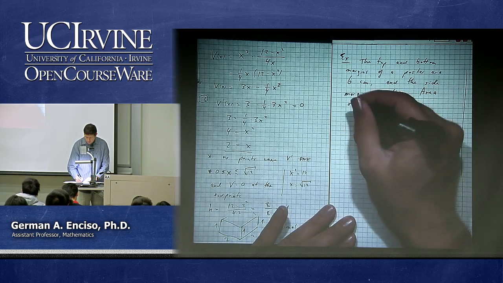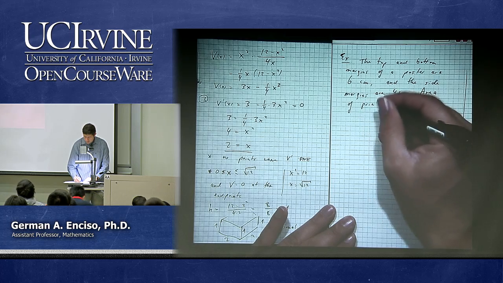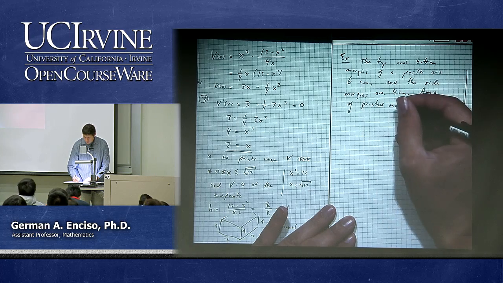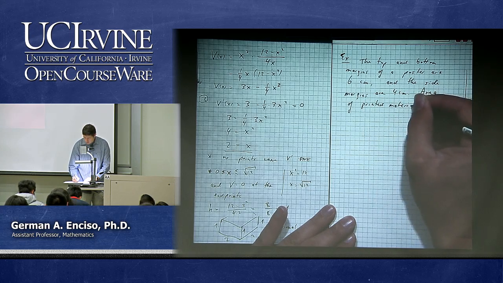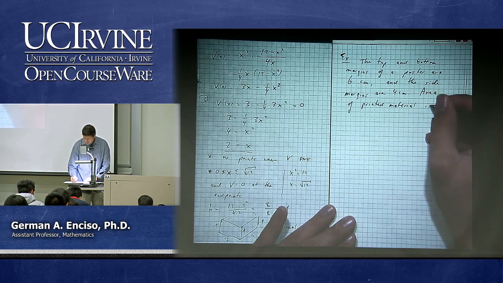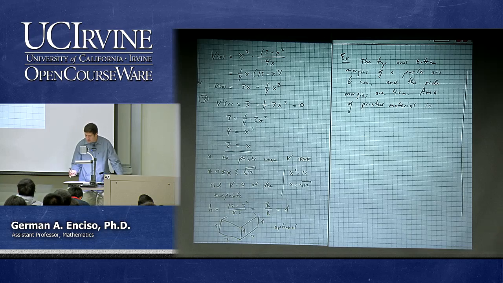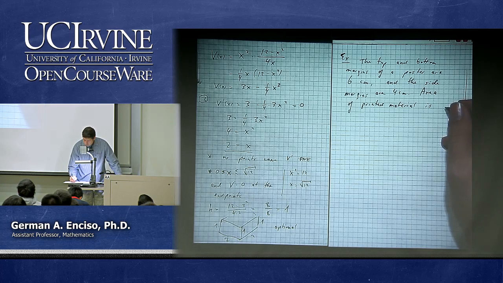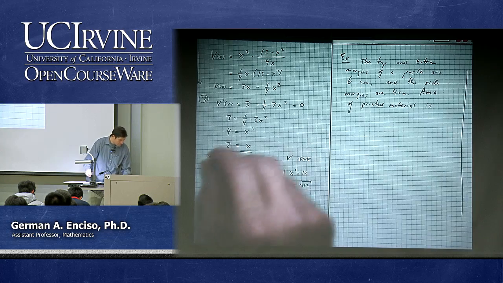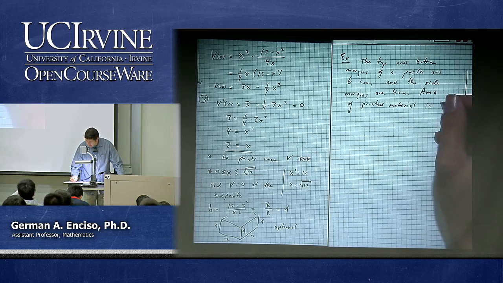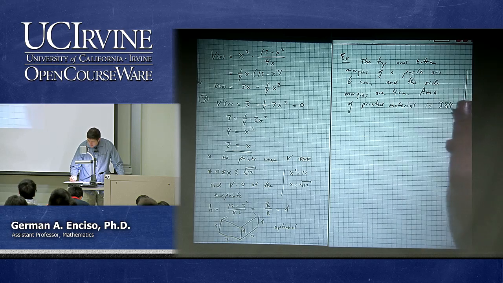Area of printed material is, and they give a number here. I kind of want to change that number. Okay, no, okay, fine. Let's do this. 384 centimeter squared.